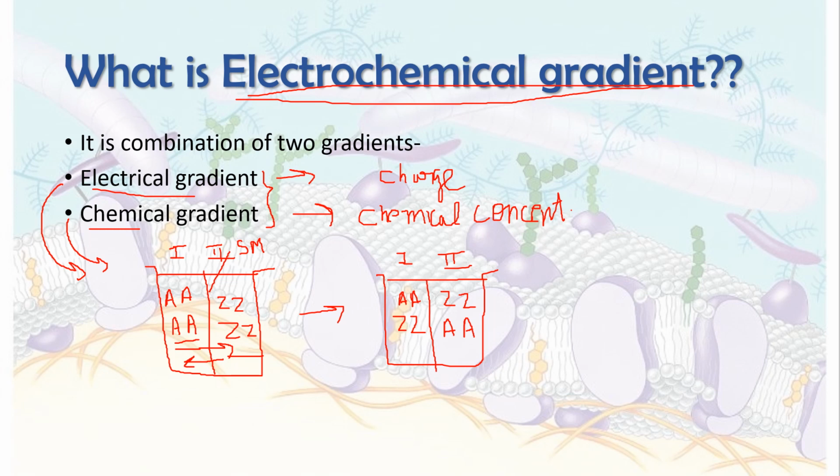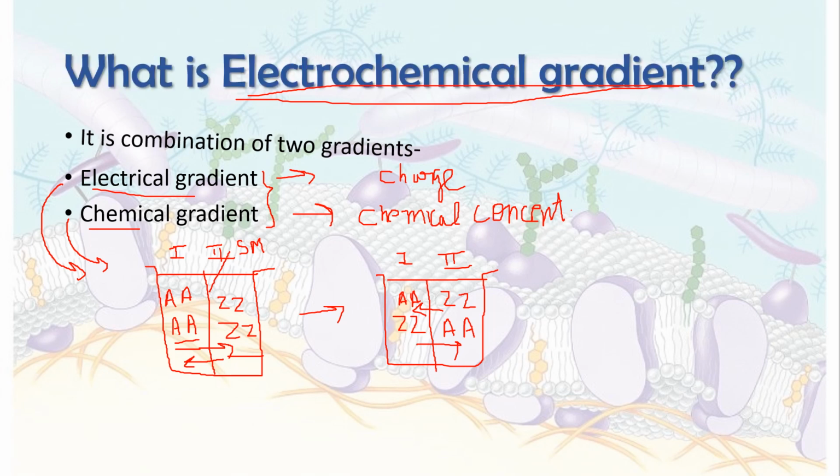Because through the semi-permeable membrane, the A molecules from column 1 move to column 2 and Z molecules move from column 2 to column 1 to equilibrate the situation. So we can say A molecules move down their chemical gradient from high to low, meaning they come to column second. Just like that, Z molecules also move down their gradient from column 2 to first until they equilibrate. Hope you all understand the meaning of chemical gradient.